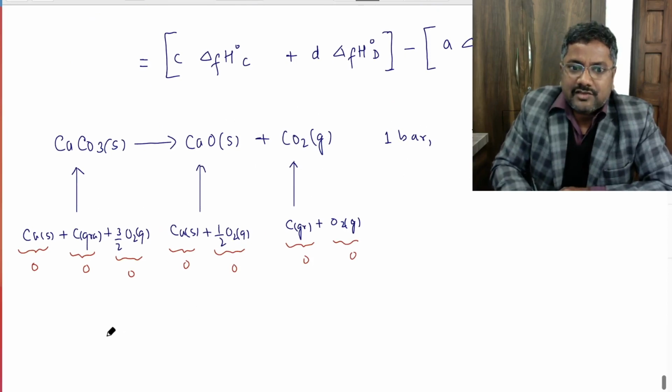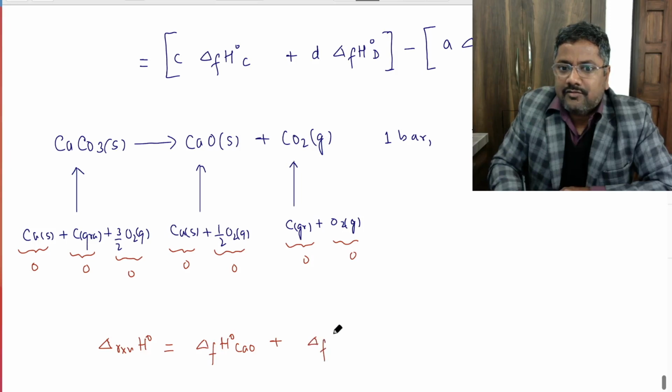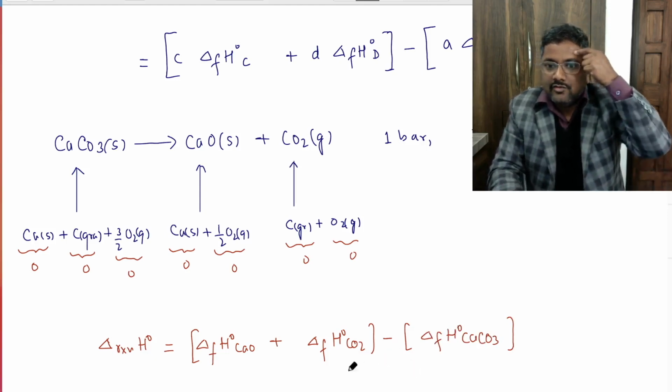So the enthalpy of the above reaction is equal to the enthalpy of formation of CaO plus the enthalpy of formation of carbon dioxide minus the enthalpy of formation of calcium carbonate. And this data is given in your book.